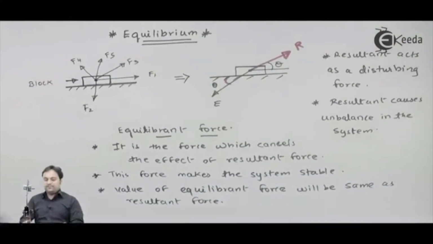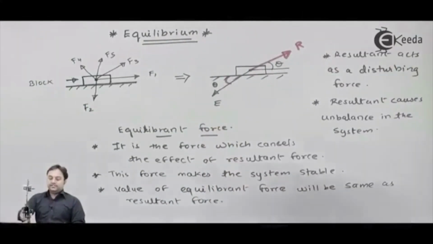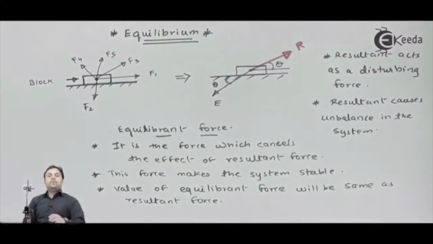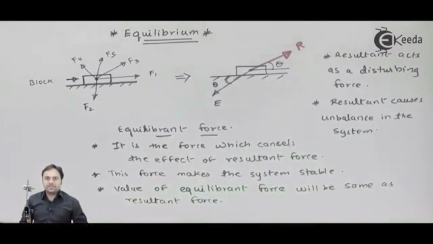And with the help of equilibrium force, if you are eliminating the effect of resultant, that condition is called as equilibrium condition. Means a body which is at rest will remain at rest. A body which is moving will go on continue to move. That is, equilibrium condition is a stable condition.